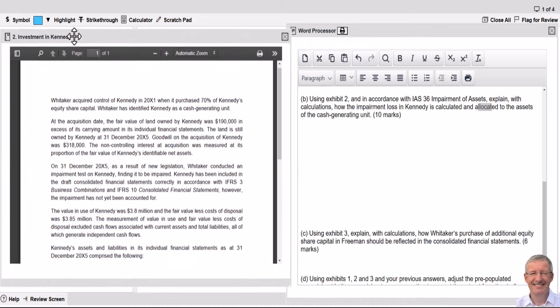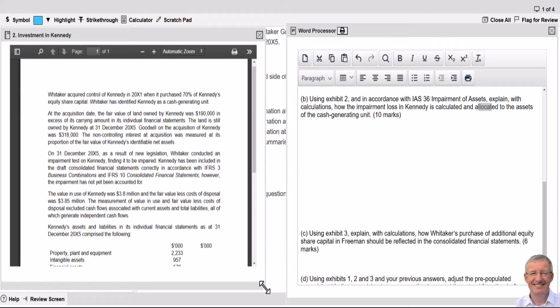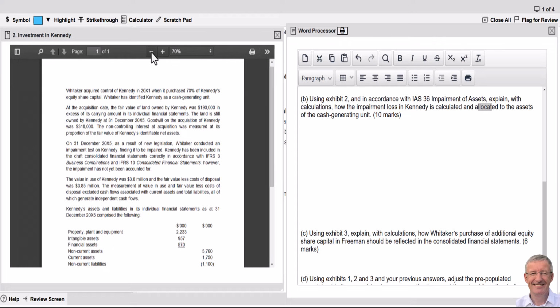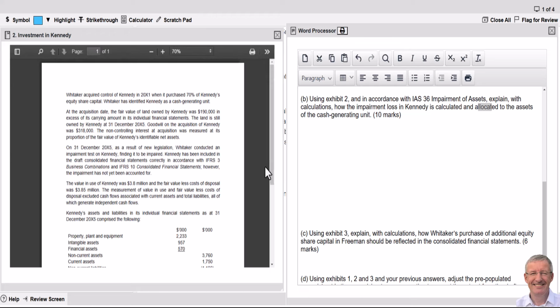Now, I need, therefore, to be comfortable with understanding the information that we've got about Kennedy. And we've actually got, I think, quite a lot of information. We've got some numbers there, and we can obviously deal with the numbers second. I say obviously. I think the easier marks are in the words and in the explanations.